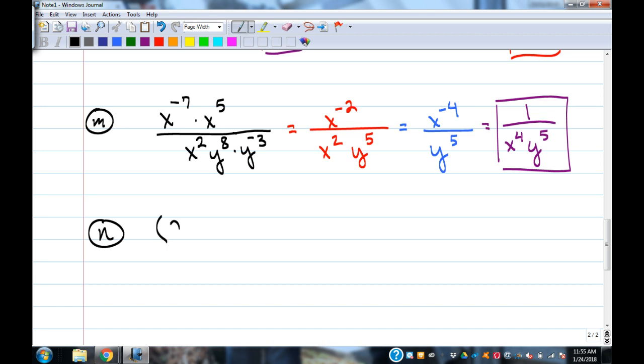Let's say we had 2x squared, y to the negative 5, in parentheses, with a negative 3 on the outside. What happens here? Okay, so what does the 2 have on it now then?